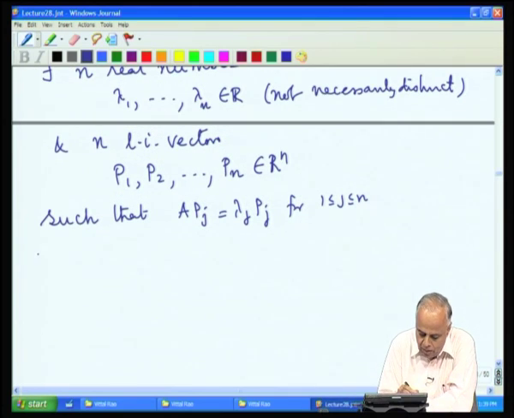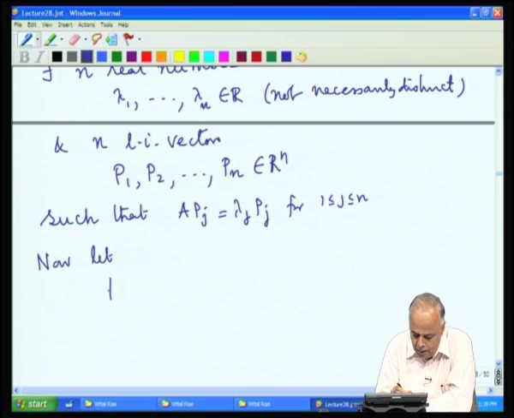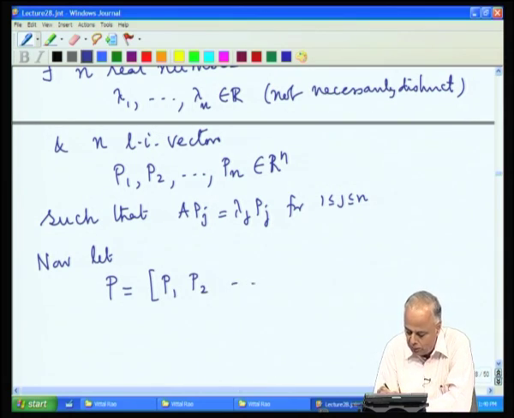This implies, so now let P be the matrix whose first column is P1, second column is P2 and the nth column is Pn.